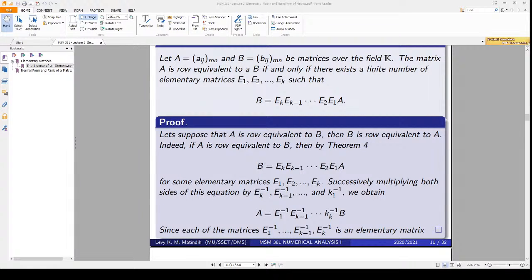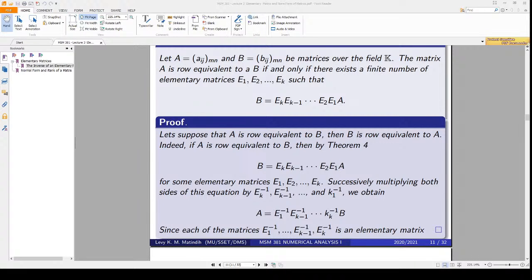So from that theorem, we can have B being the product of EK, EK minus 1, up to E1 by A. This is going to hold for some elementary matrices E1, E2 up to EK.